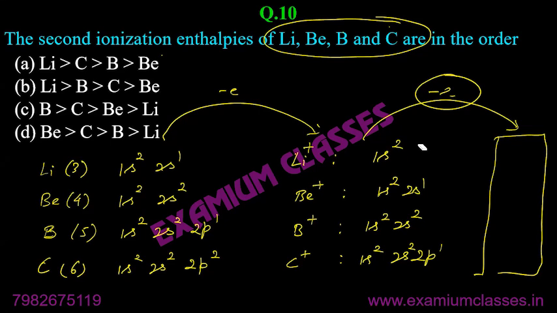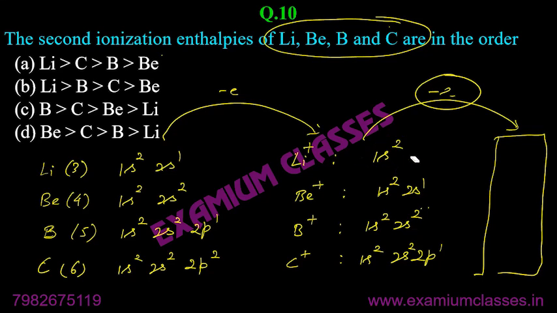After losing one electron, it became very stable, so it will require a lot of energy to remove the second electron from lithium. The others are not complete shells because it would have been 1s2, 2s2, 2p6. Here the first shell is complete.